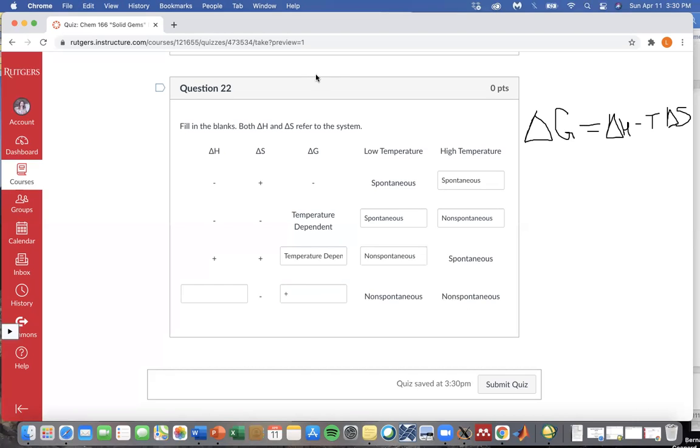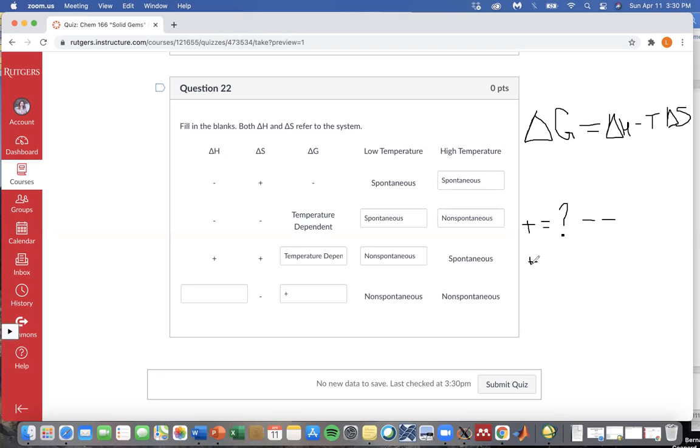And so if delta G is always positive, and this equation is delta G equals delta H minus T delta S, so we have a positive number equals delta H, so a question mark, because we're trying to figure out the sign of that, and then it would be minus a negative, which is going to give us a plus.